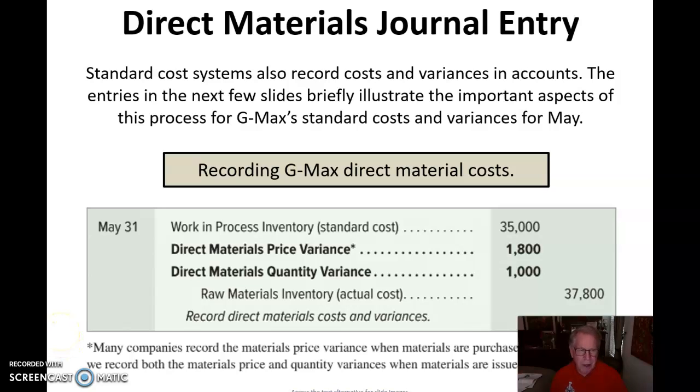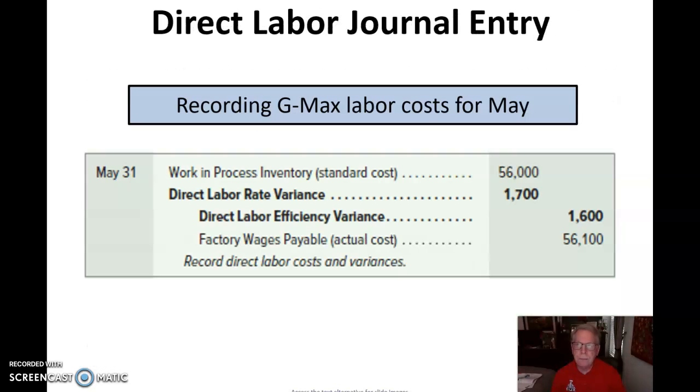But for simplicity, we're going to record both materials price and quantity variances when the materials are actually issued from raw materials inventory into work in process inventory. Okay. All right. I think that's pretty straightforward. New, unfamiliar, but pretty straightforward nevertheless.